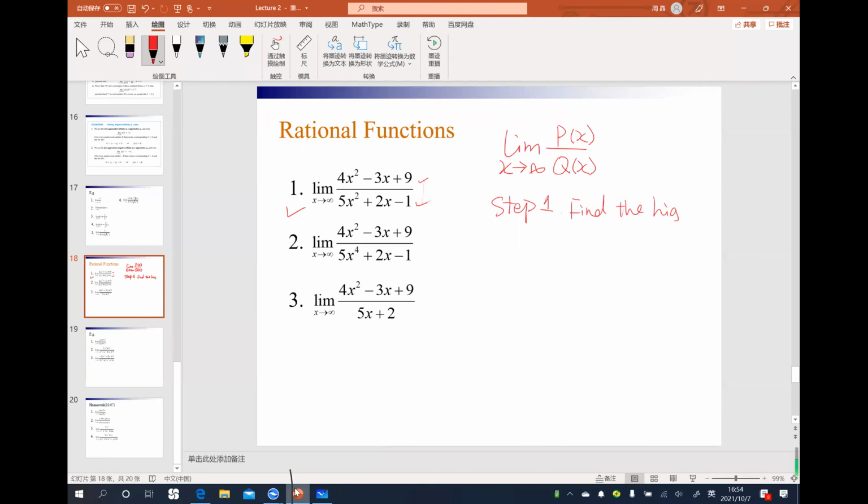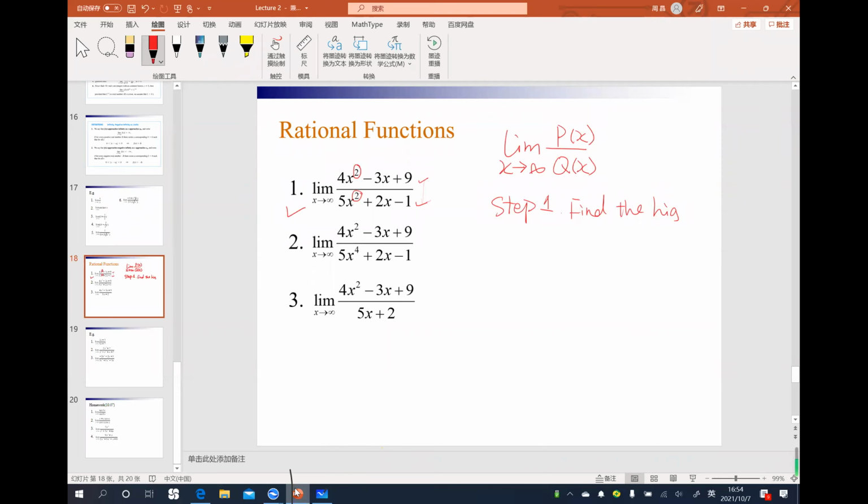So here for question number one, the numerator's highest power is 2, right? And the denominator's highest power is also 2, right? So compare the highest power of the denominator and the numerator, and then choose the highest one.